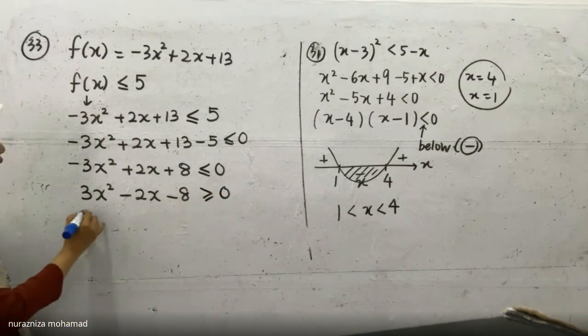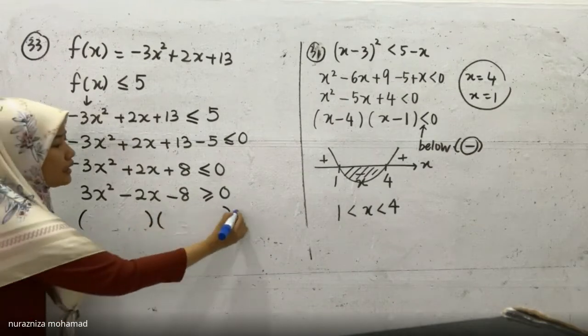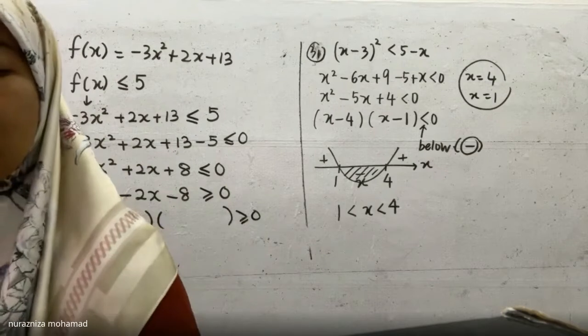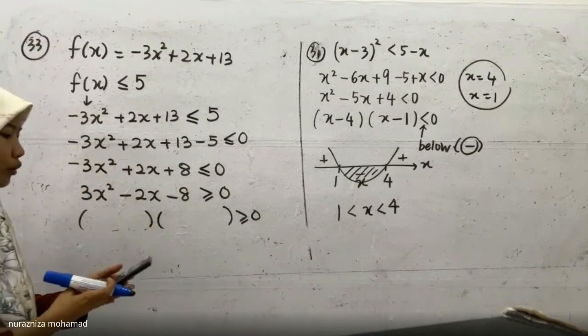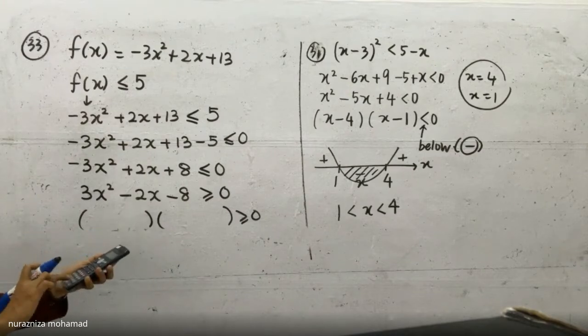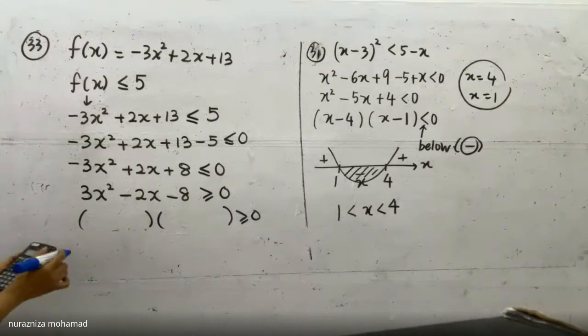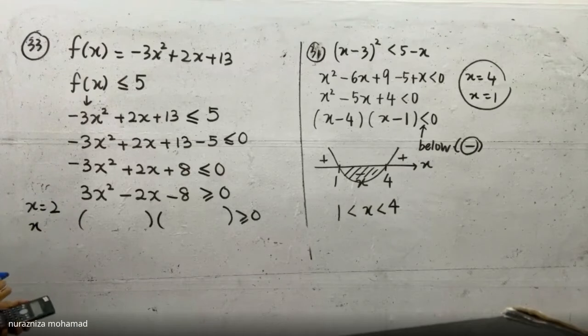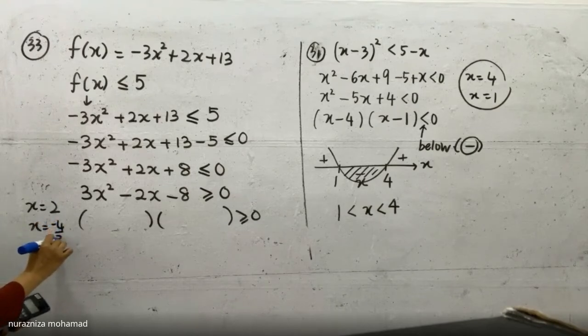Okay, now you press EQN, you factorize the inequalities. A is equal to 3, B is equal to negative 2, C is equal to negative 8. Now you have the answer. x is equal to 2, and the second x is equal to the fraction negative 4 over 3.